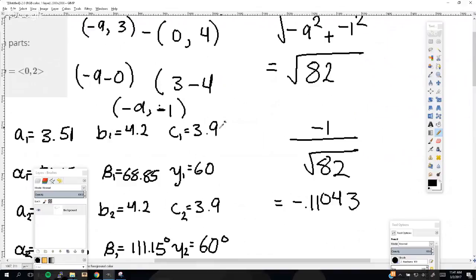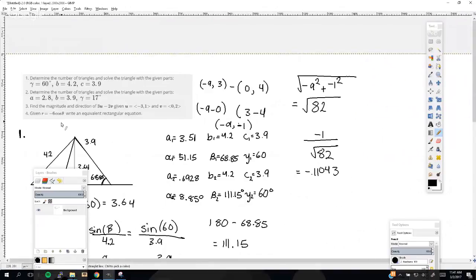Cool. Okay, and then the last one, given r equals, okay, so this is just converting the equation.